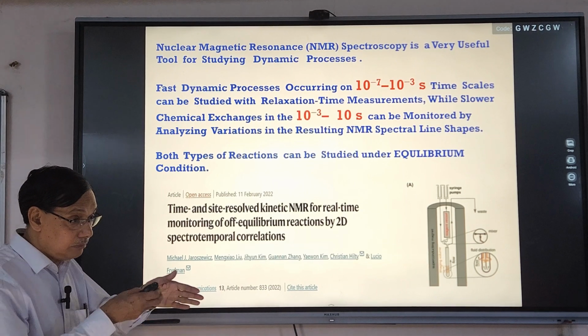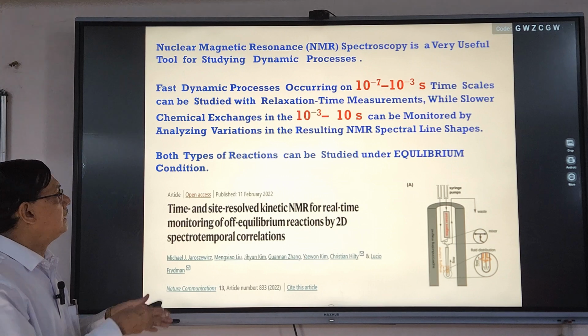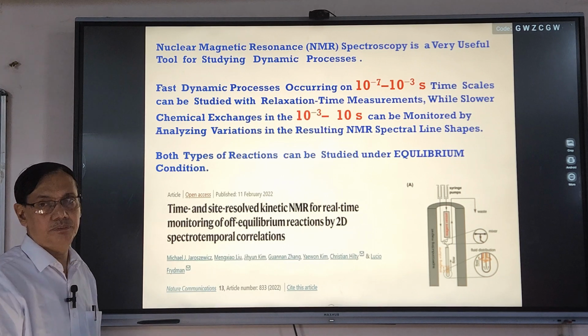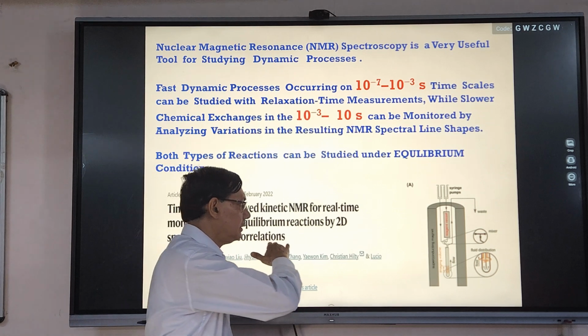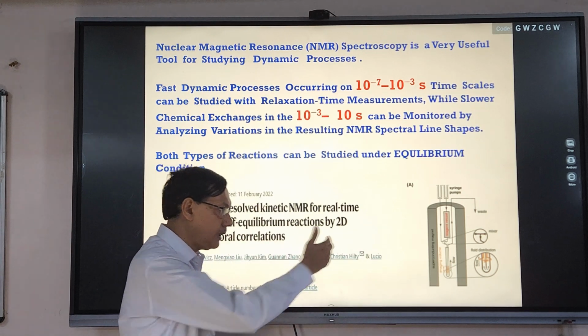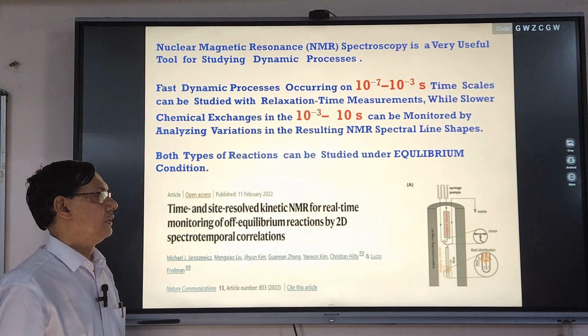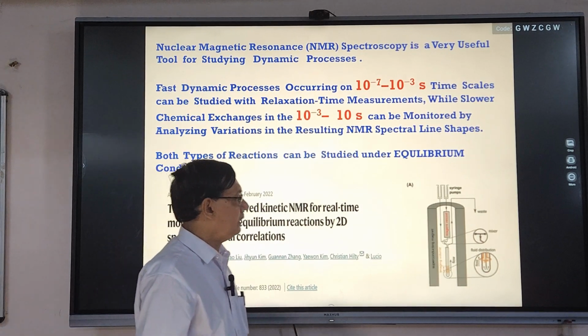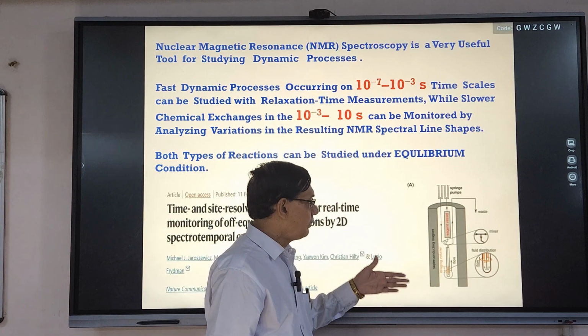And of course, in both the cases, the reaction can be studied under the equilibrium conditions. You all are aware of the actual definition of the relaxation time. There is a perturbation in the equilibrium and then it comes back to your original position. And you are all aware of these different types of P-jump method or T-jump method or even stopped-flow technique.